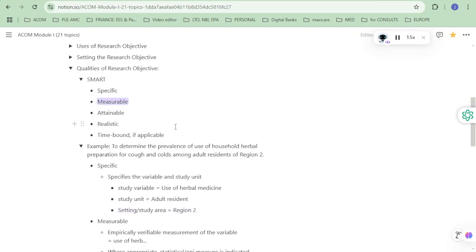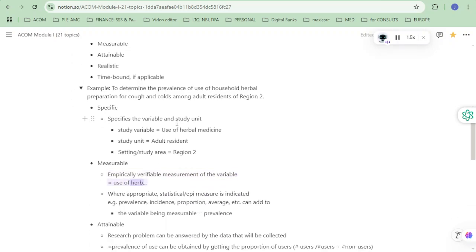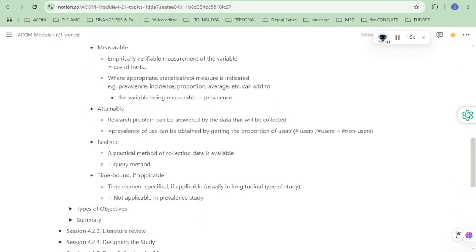Measurable: empirically verifiable measurement of the variable, which is use. Where appropriate, a statistical measure is indicated, e.g. prevalence, incidence, proportion, average. Here the measure is prevalence. Attainable: the research problem can be answered by the data that will be collected.